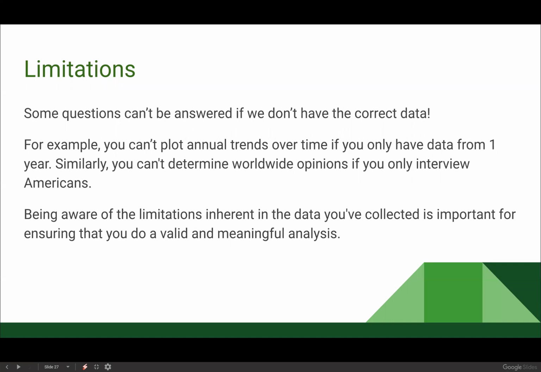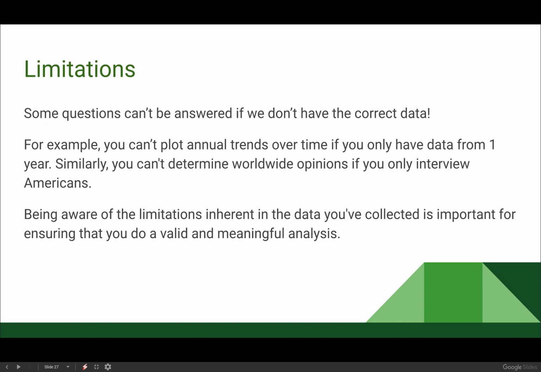And some questions just cannot be answered if we don't have the correct data. For example, we can't plot annual trends if we only have data from 1 year, because you can't make a line with only one point. You can't determine worldwide opinions if you only interview Americans. They're only going to have an American perspective.